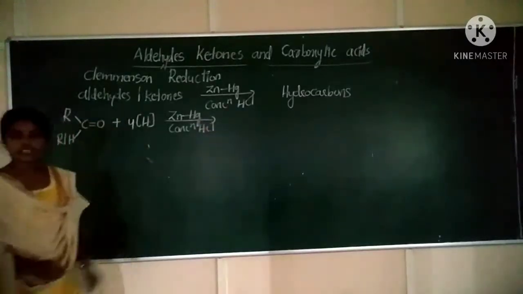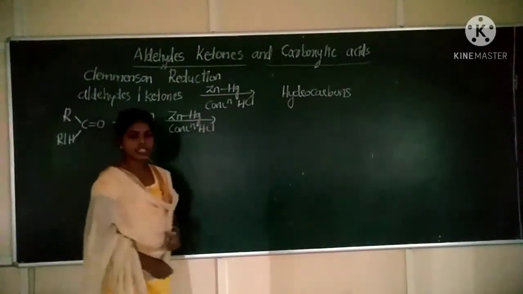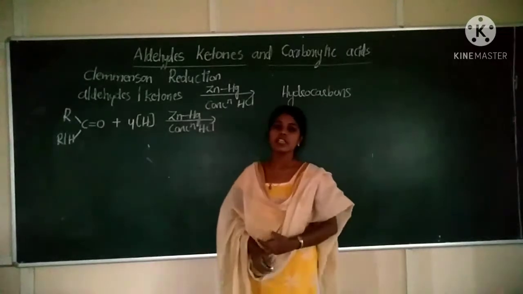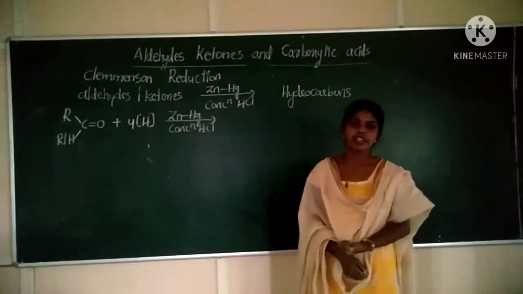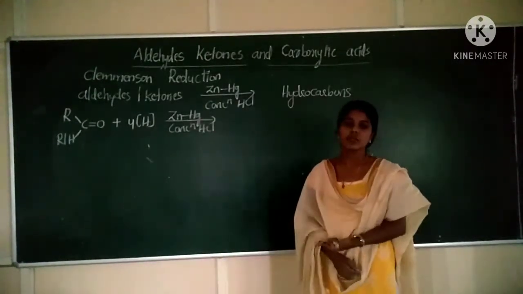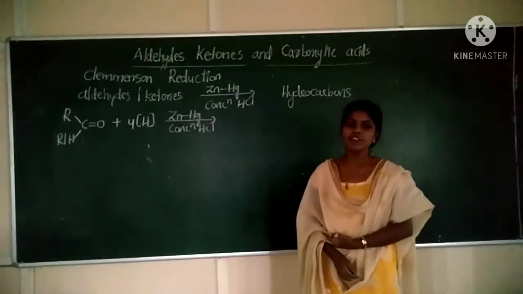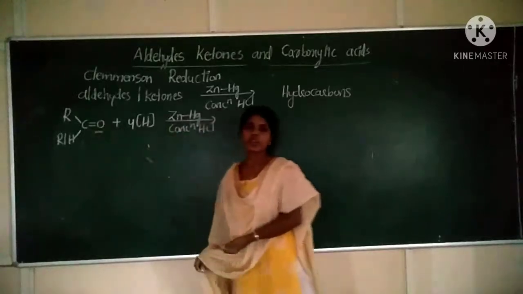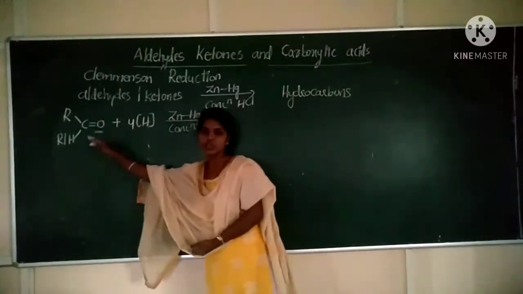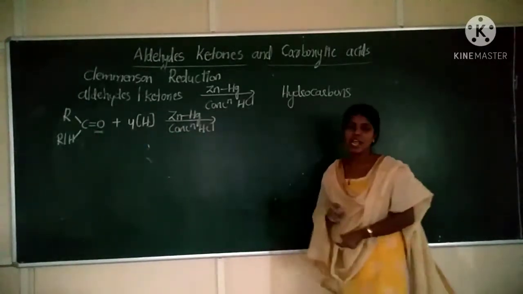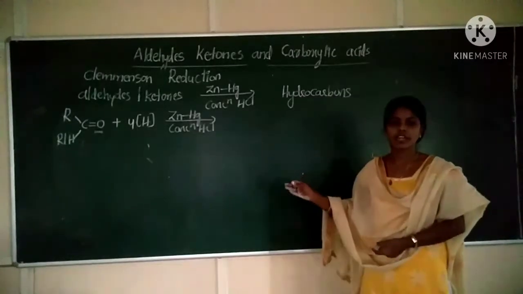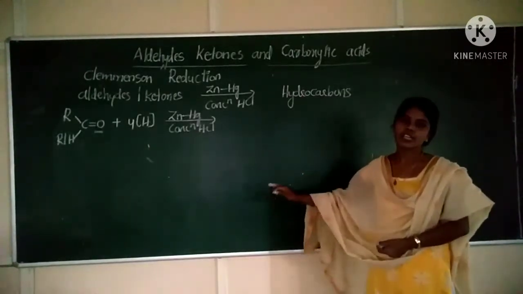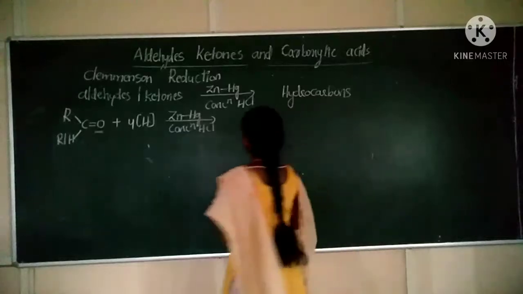Now, what is reduction? Here complete reduction is taking place. What is reduction? Removal of oxygen and addition of hydrogen. Now, remove the oxygen from the carbonyl group and to that place add a hydrogen. Look at the product.